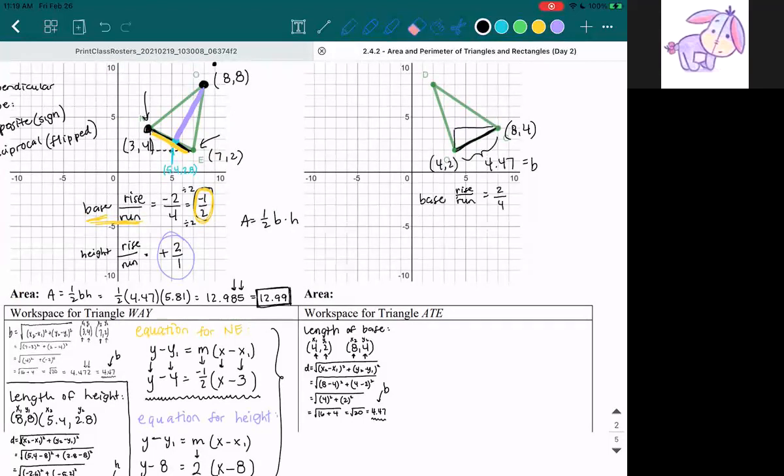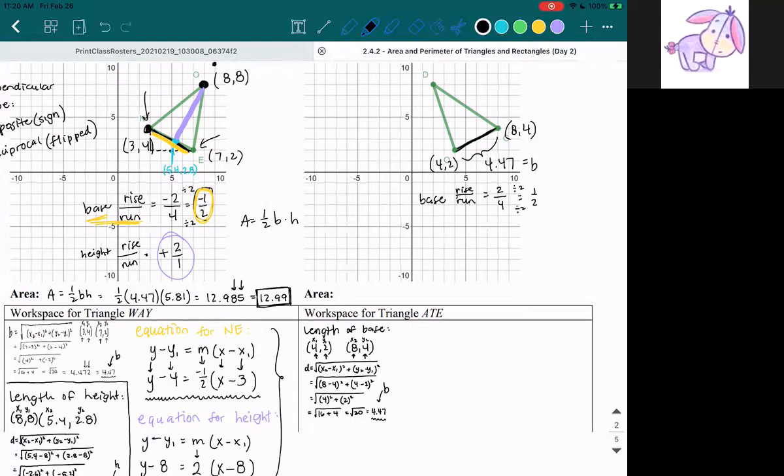So all in all, I have a positive 2 over 4 as my slope. This simplifies to 1/2 because 2 and 4 are both divisible by 2. So if you divide by 2 on the top and bottom, you get 1 over 2. So this is the slope of our base.